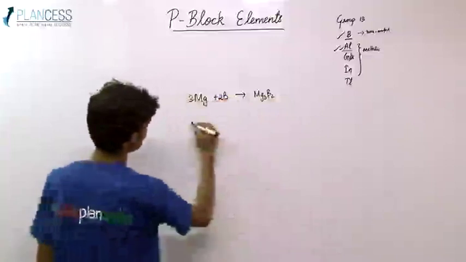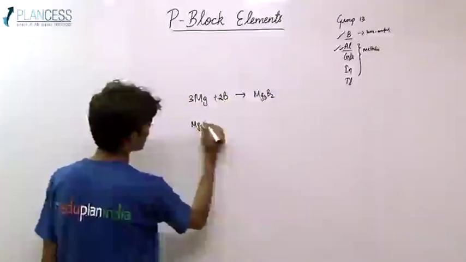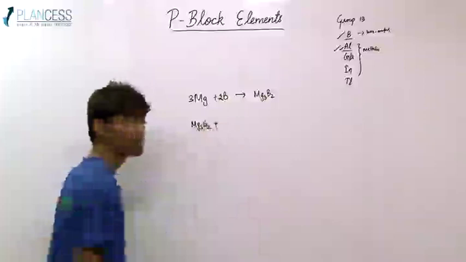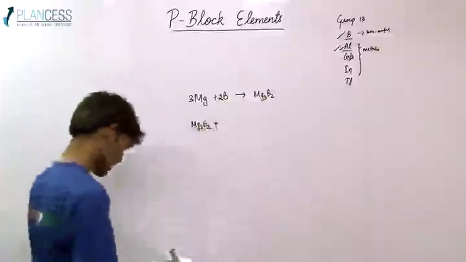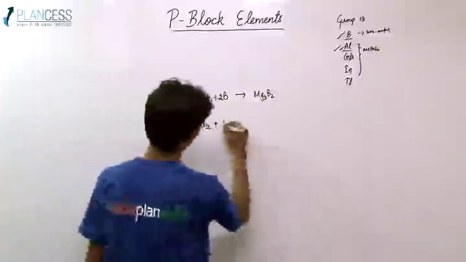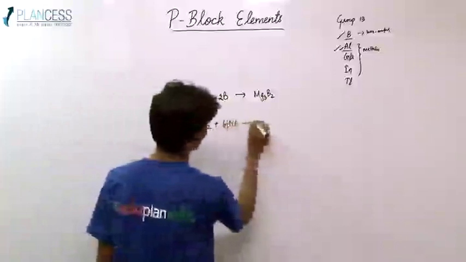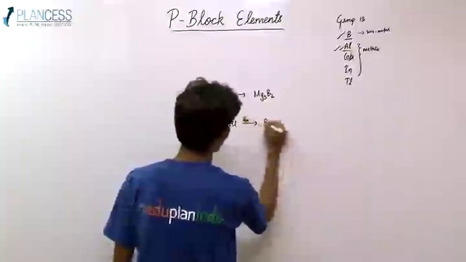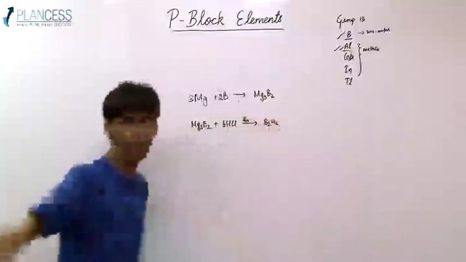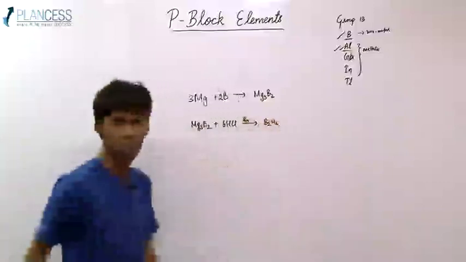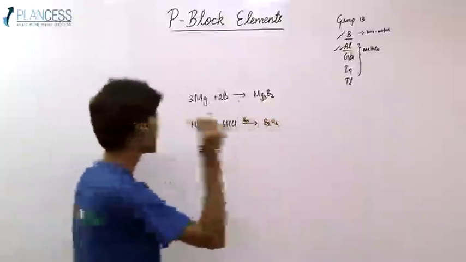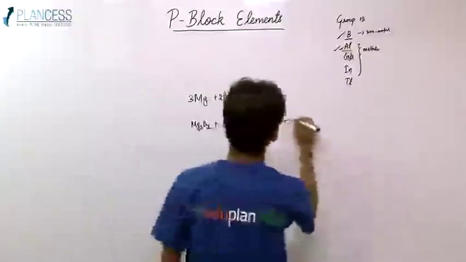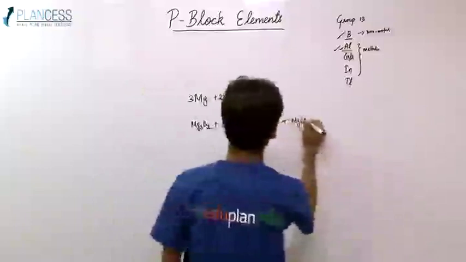Mg3B2 on hydrolysis in acidic medium, that is with HCl, forms diborane, B2H6, which, as I have told you, has a 3 center 2 electron bond, the banana bond so to say, and MgCl2 is also formed.